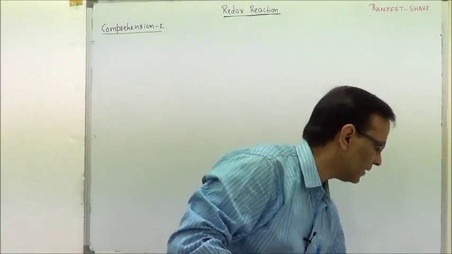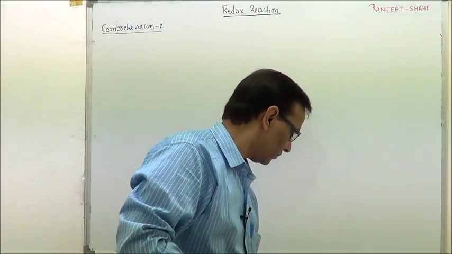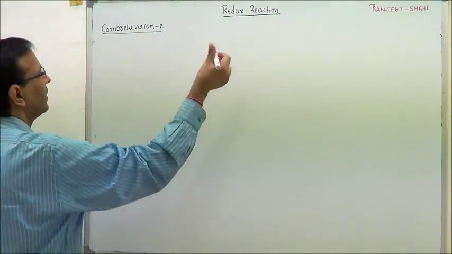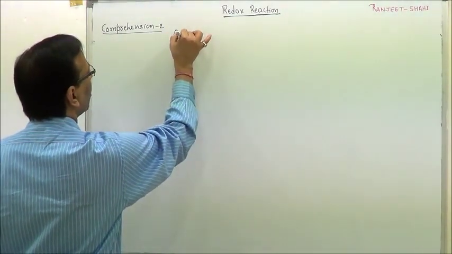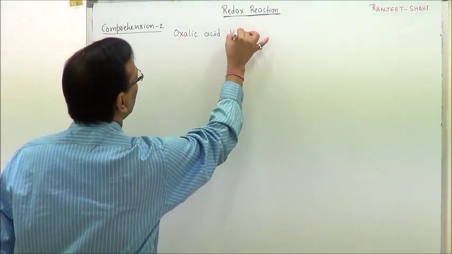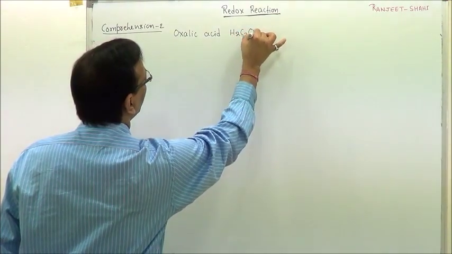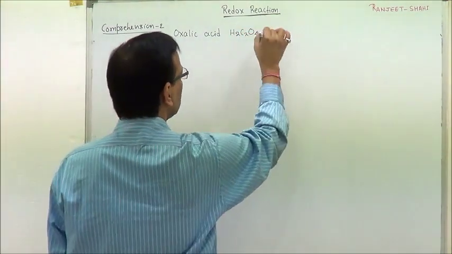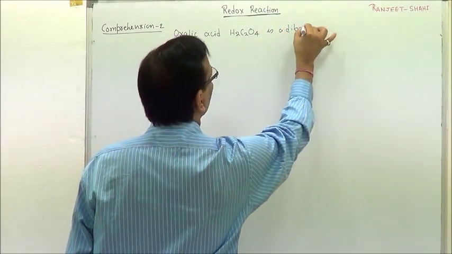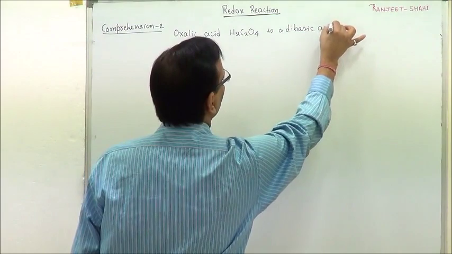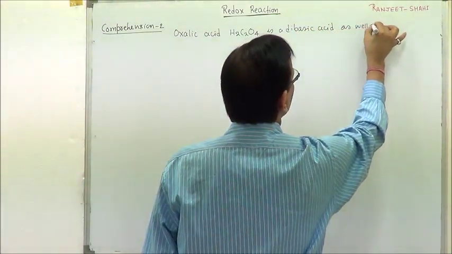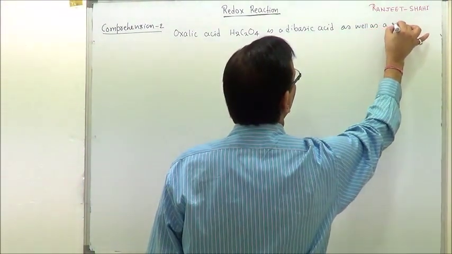In this comprehension, it is being informed that oxalic acid, H2C2O4, is a dibasic acid as well as a reducing agent.